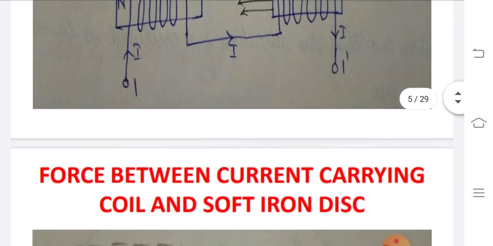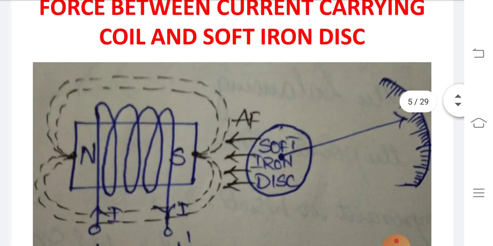And the last mechanism is force between a current carrying coil and a soft iron disc. From the above two methods it is clear that whenever an iron bar is wound with copper coil and supplied with electric current, it behaves as an electromagnet. Suppose a soft iron disc attached to a spindle is placed near that electromagnet.